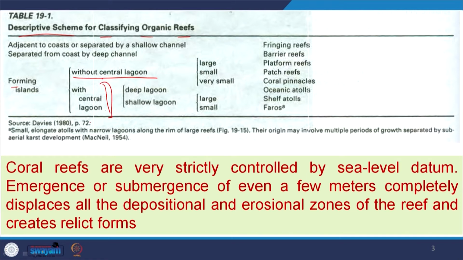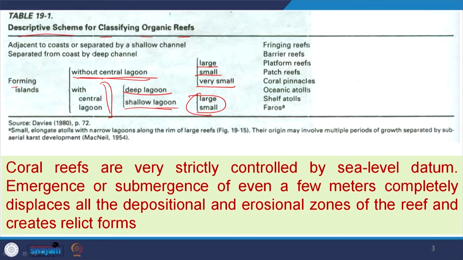If we have a central lagoon inside, either it is a deep lagoon or it is a shallow lagoon. Similarly, if it is a shallow lagoon, either it is a large lagoon or a small lagoon. Similarly, without a central lagoon, either it is a large reef or a small reef or a very small reef.